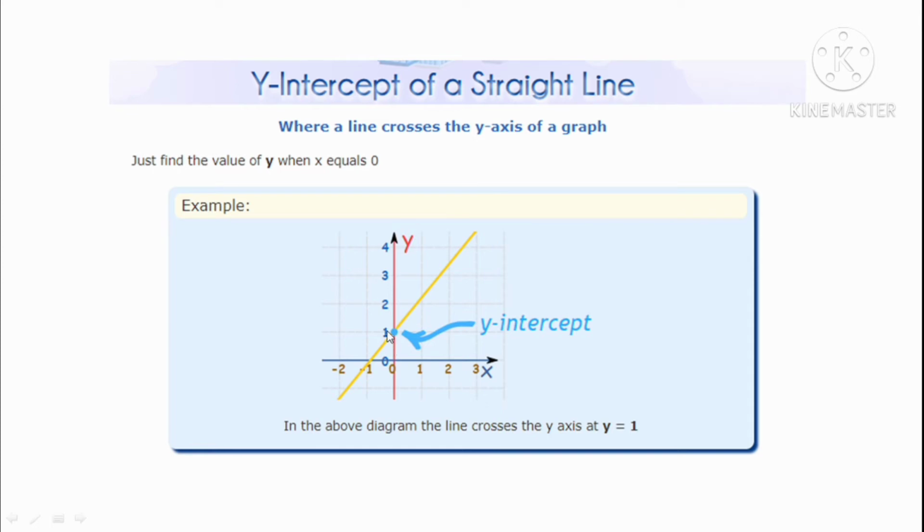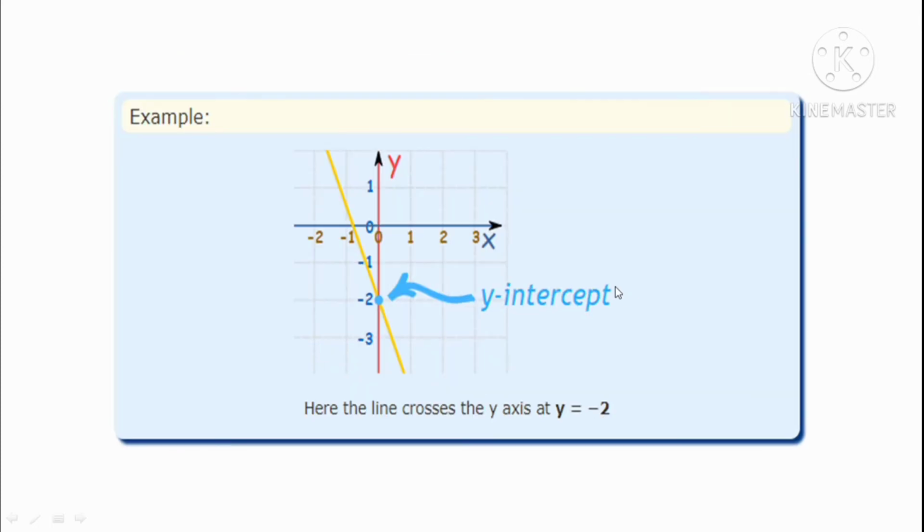For example 2, it's also the same, but the straight line is going down where it crosses the y-axis at -2. So the equation for this function would be y equal to -2.